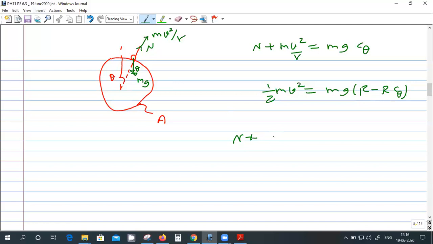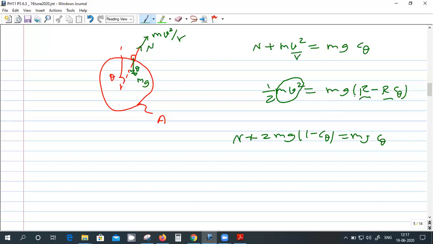N plus mv square by R, right? So mv square by R is 2mg times (1 minus cos theta). Is this right? mv square by R is this one and then the R out here.